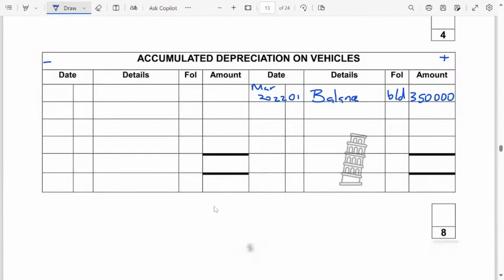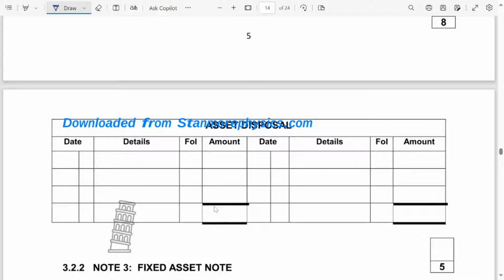So we come here to the asset disposal. This is on 30 October 2022. So the cost price of the asset being sold must be on the debit side. So it is 420,000.